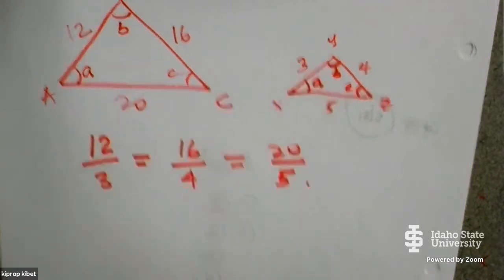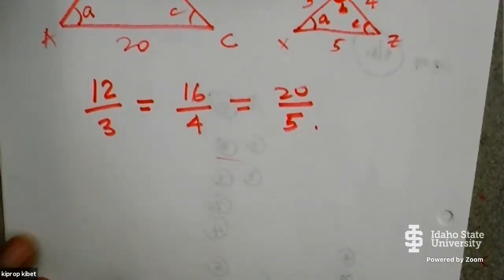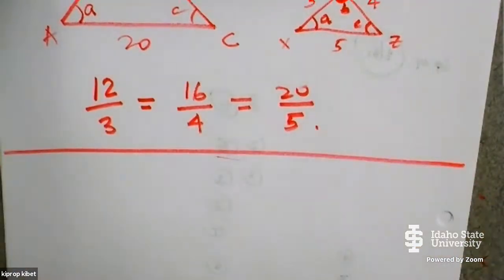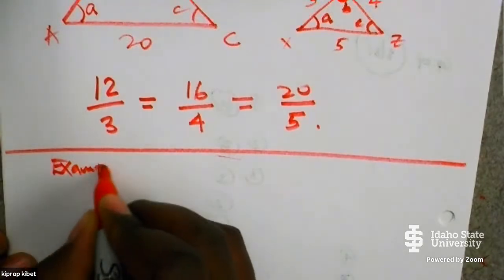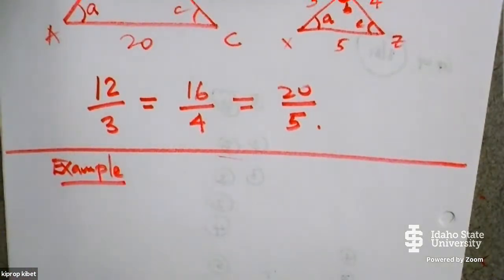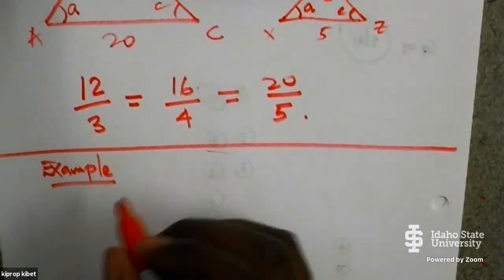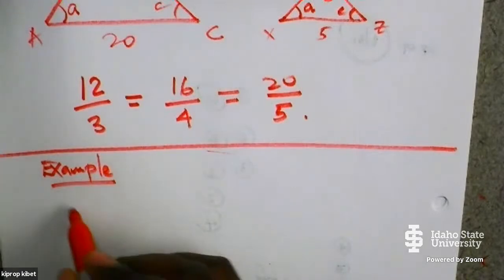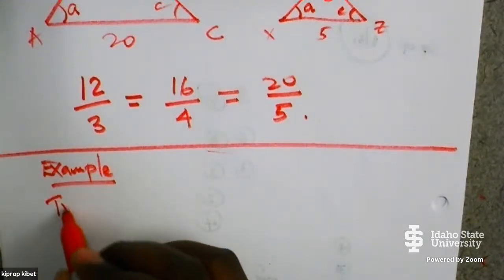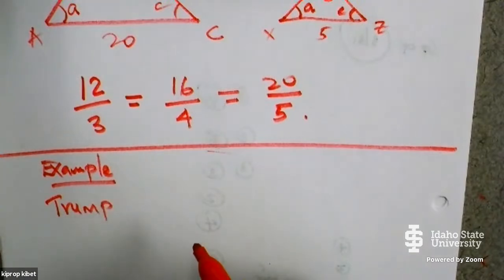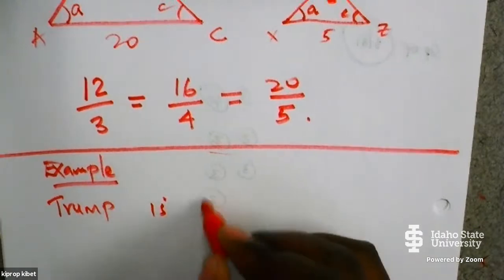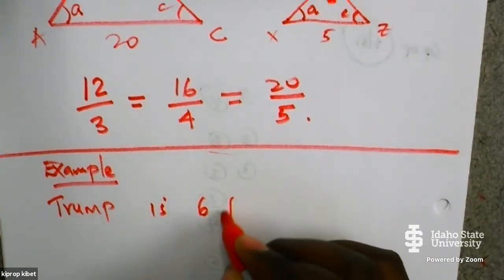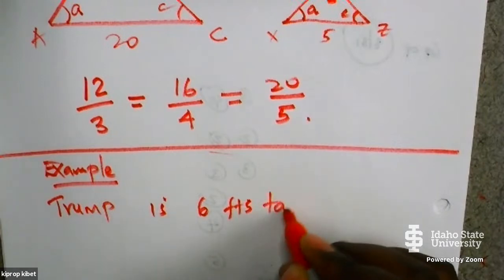Okay. Example number 1. If we use this guy, Trump, is 6 feet tall.